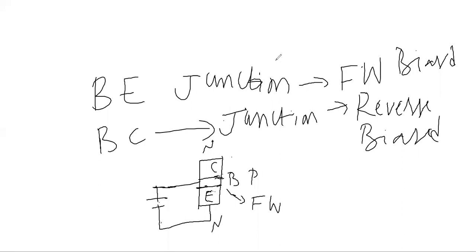Another battery we connect with the collector to make it reverse biased. The N type material is connected with the positive side of the battery, and this is connected with negative. So here there are three currents.